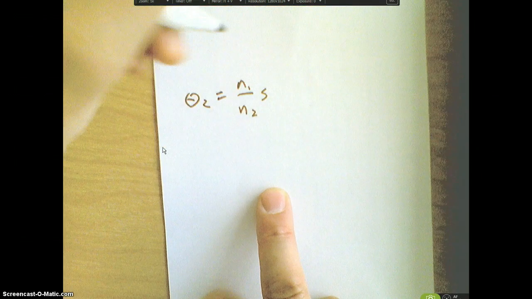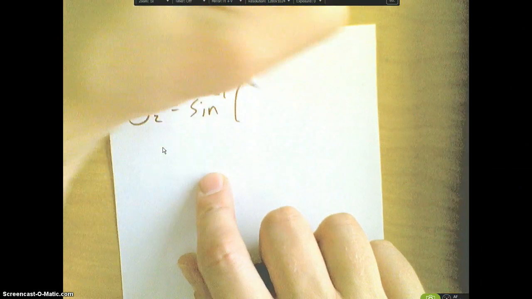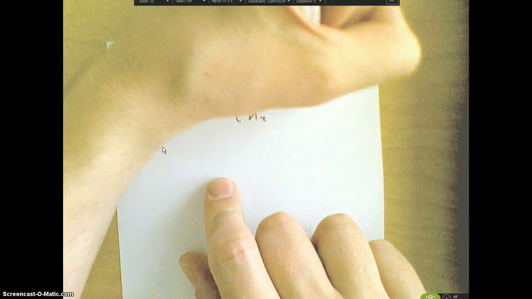Our equation was theta 2 is equal to the inverse sine of N1 over N2 times sine theta 1. People are going to have to remind me. Oops, did that wrong, sorry.